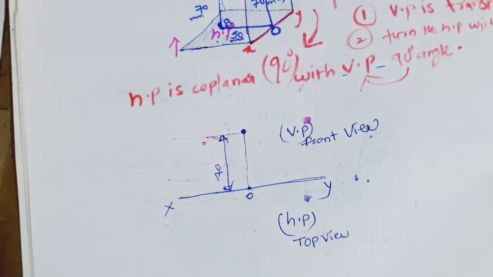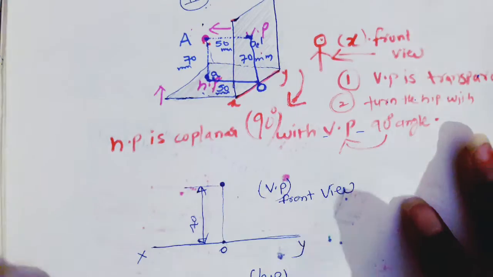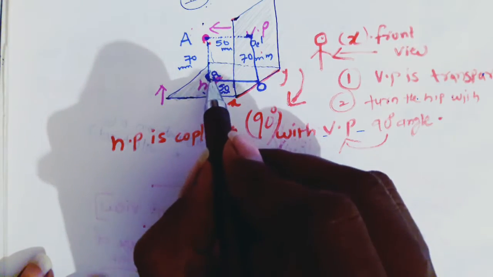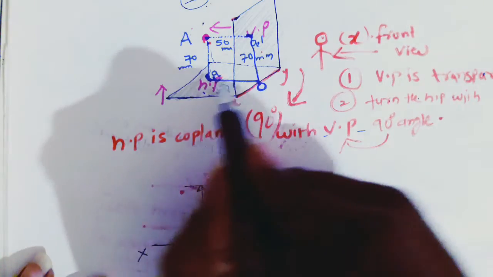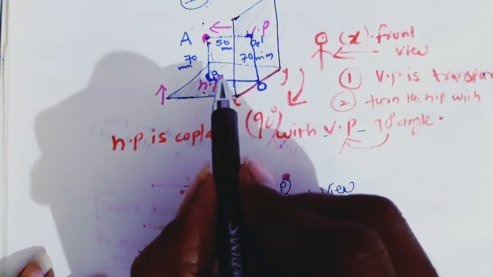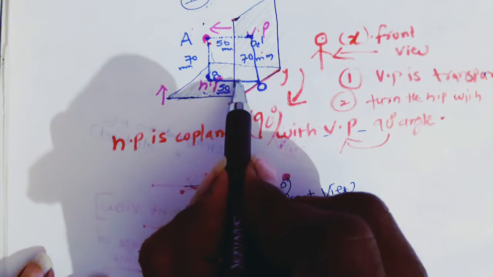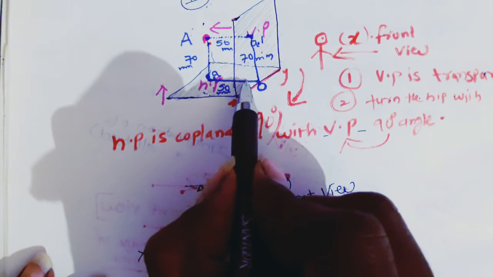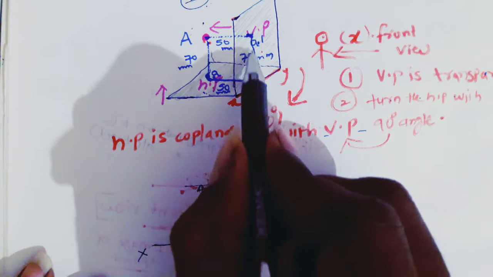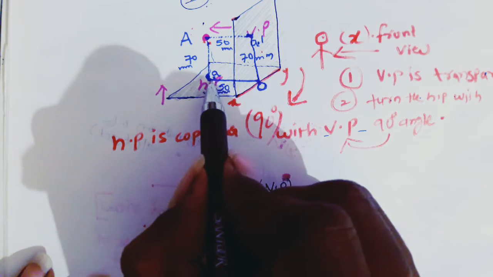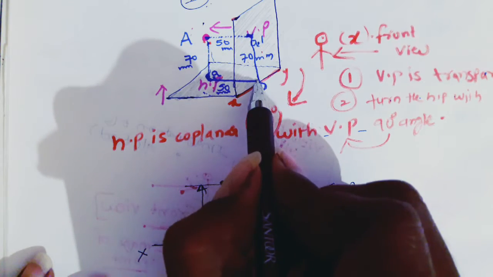So see here, when the HP plane is coplanar with VP, try to remember this, this is very important. When it is coplanar with VP, this HP line will be visible on this VP plane. Why?